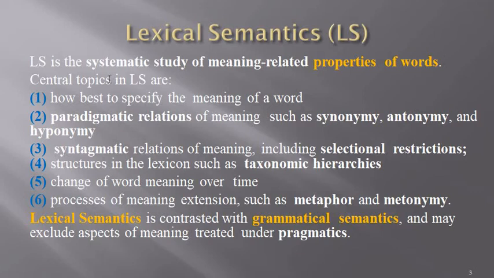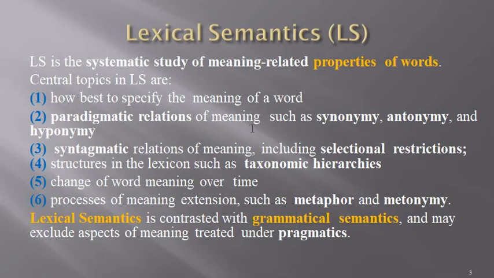The central topics which are basically taught and discussed in lexical semantics are, first, how best to specify the meaning of a word, that is, how to properly attach meaning to the word.